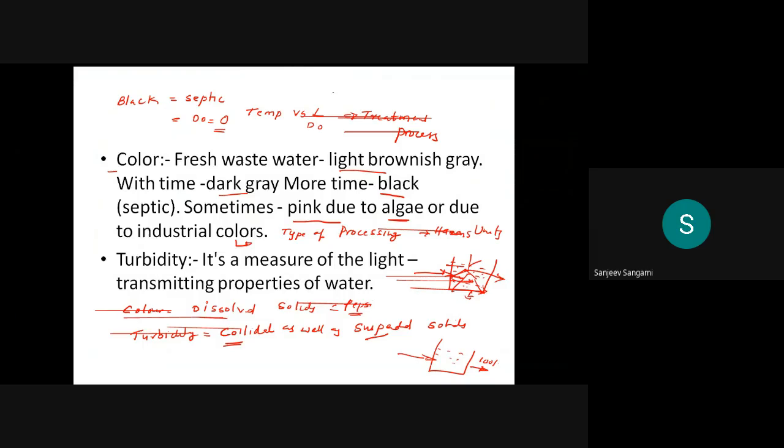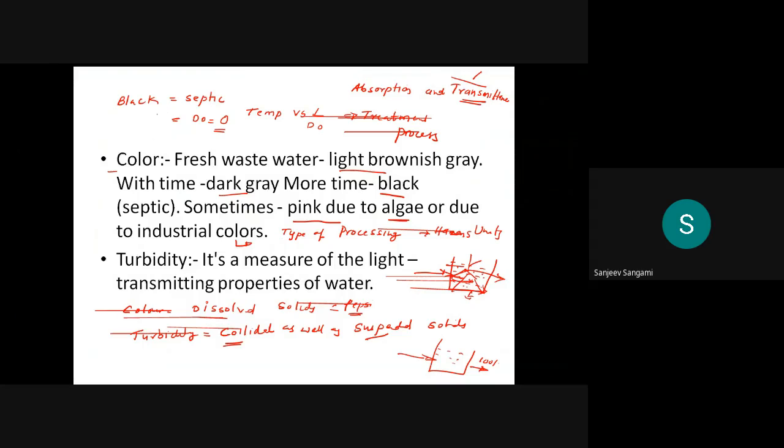Two principles are very important: absorption and transmittance. Both are inversely proportional.